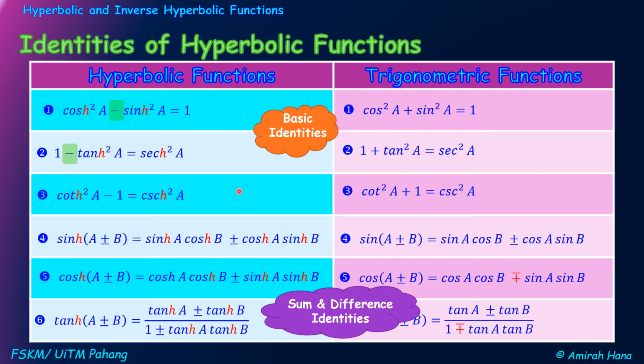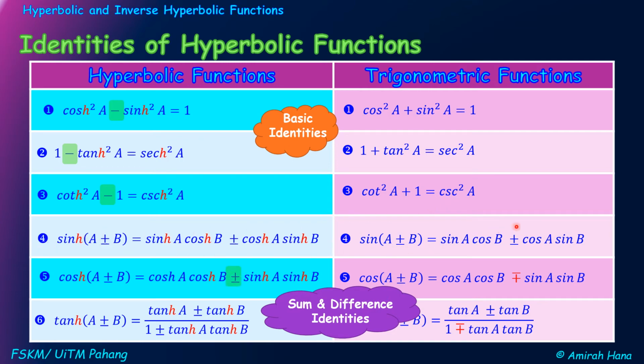And then formula number 3 looks similar to formula number 3 under trigo function, but in between is minus. And we must put h for hyperbolic function. So we have coth squared A minus 1 equals cosech squared A. For trigo function, there is no h.